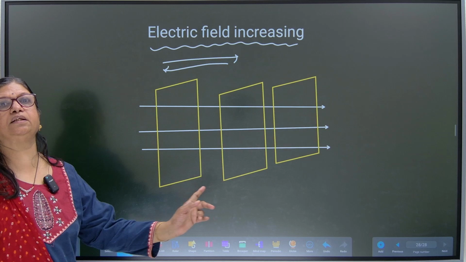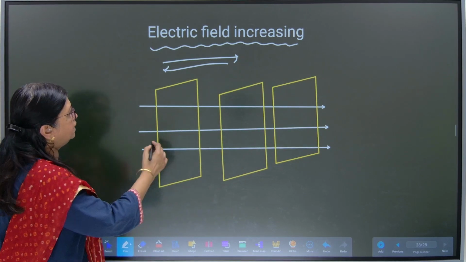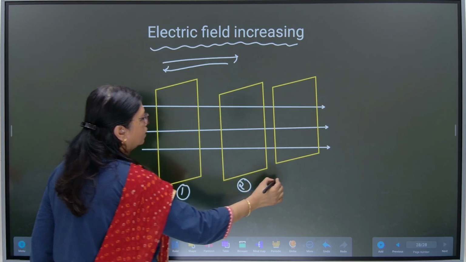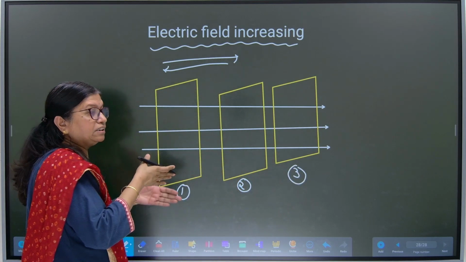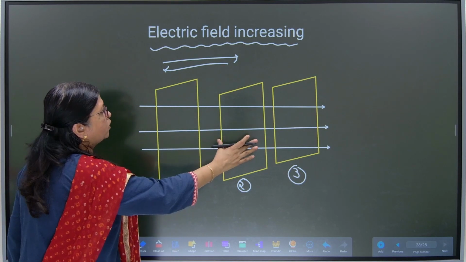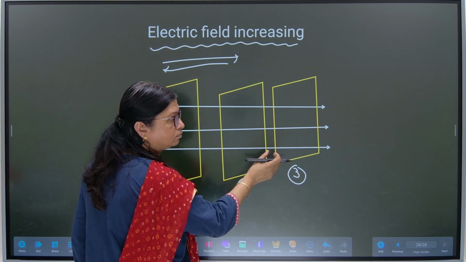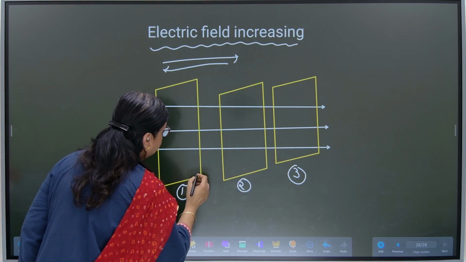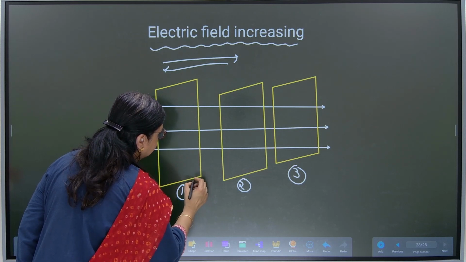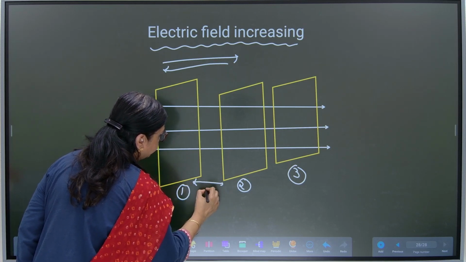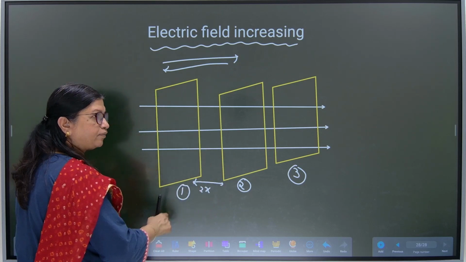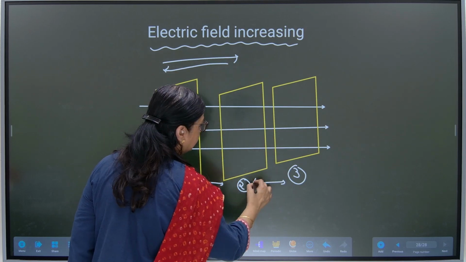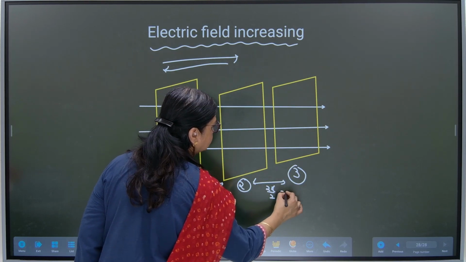Now when the electric field is increasing, the distance between these equipotential surfaces should decrease, means they should come closer to each other. Why? Because here electric field is more, so the surfaces should be close to each other. Simple example I can give you, that if the distance between surface 1 and surface 2 is 2x, then distance between surface 2 and surface 3 will be 2x upon 2 approximately, that is equal to x.